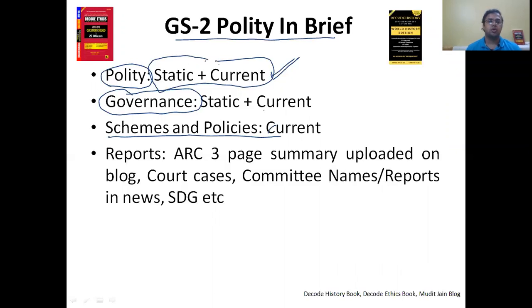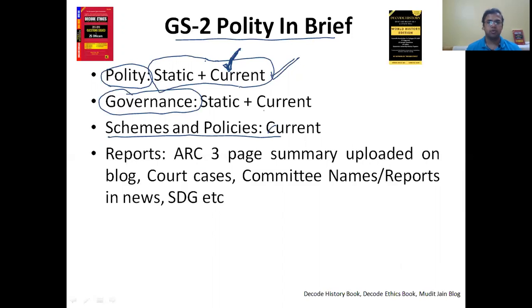Either way, questions and answers of polity are a mix of static and current. I have not come across many questions purely from static topics. So always there is a tinge of current attached with the static question.